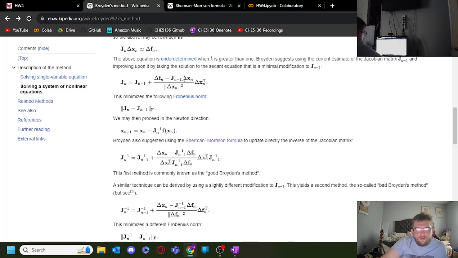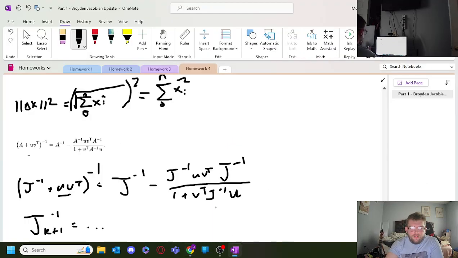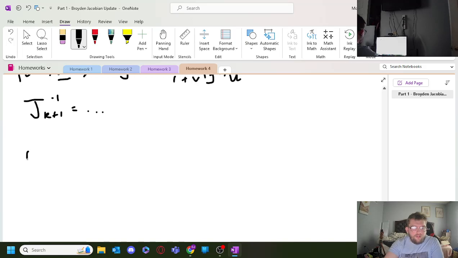The U, in this case, is going to be our numerator here, the delta F minus the original Jacobian times a change in x. So U equals change in F minus J sub k change in x.